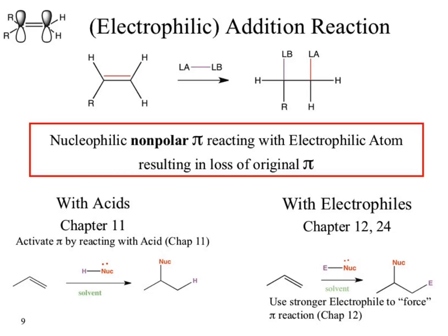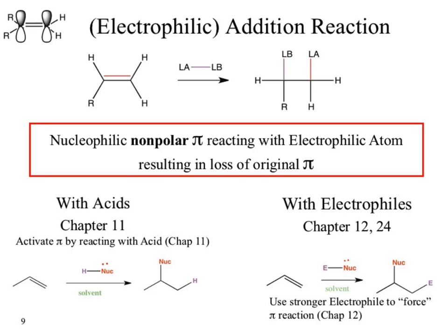Okay? There are all sorts of other side issues that can pop up with this. So the first and foremost thing to address is that if that nucleophilic atom, our electron source, shares electrons with acids, we're looking at chapter 11. And so now we look at all the basics of acid-base reactions with nonpolar pi bonds.